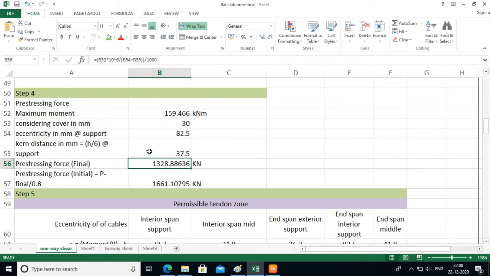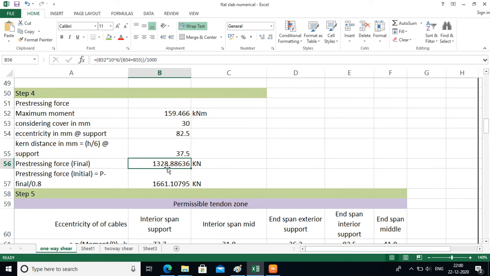That lever arm distance is the addition of kern distance plus eccentricity. The formula is already in the PowerPoint presentation. We use the prestressing force formula many times, so I intentionally haven't put it here. That will give us the prestressing force.